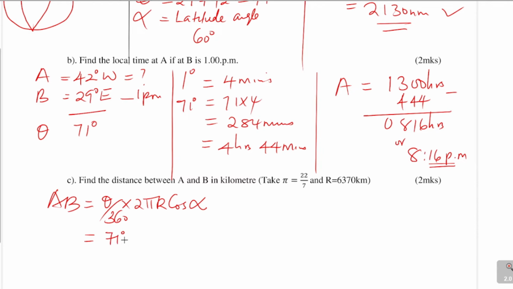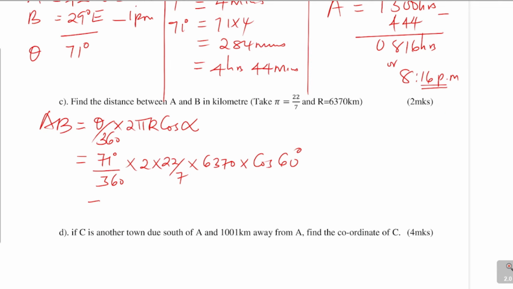Already we have calculated that. Then 2 times pi, 22/7, times the radius of the earth, which is 6370, times the cosine of the latitude angle, which is 60 degrees. So that is what you're supposed to do there.